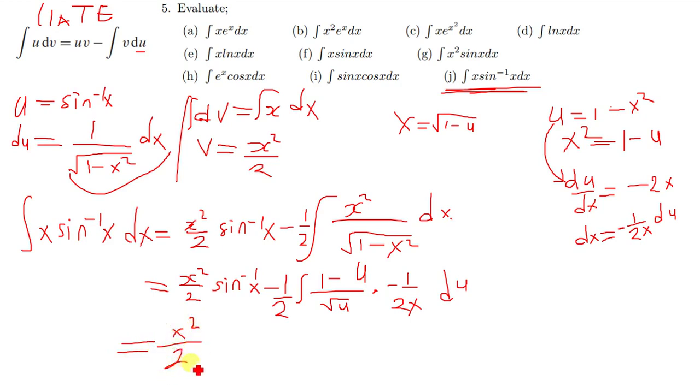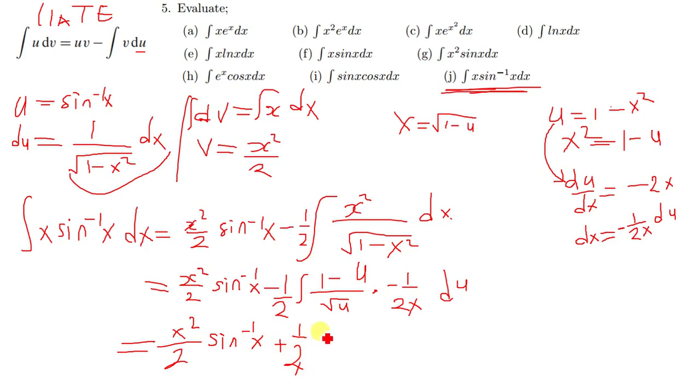Just trying to simplify it to a point where everyone can manage to solve it. Minus 1 over 2, then you put the root of 1 minus u there. You multiply this 2 times that 2, then this negative times that negative, meaning you have a plus here, and 2 times 2 you get 4.